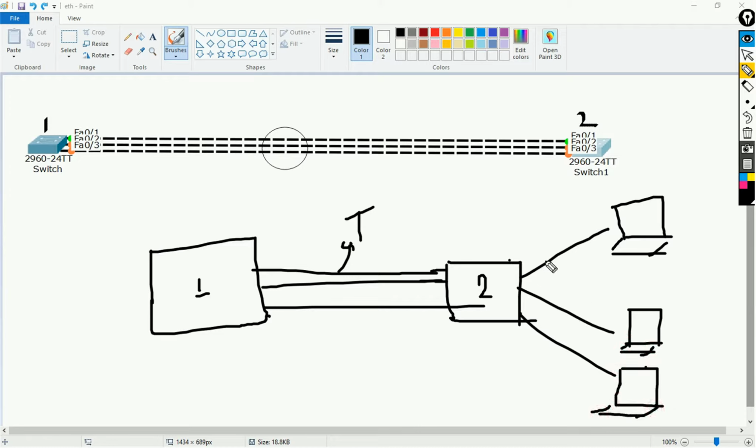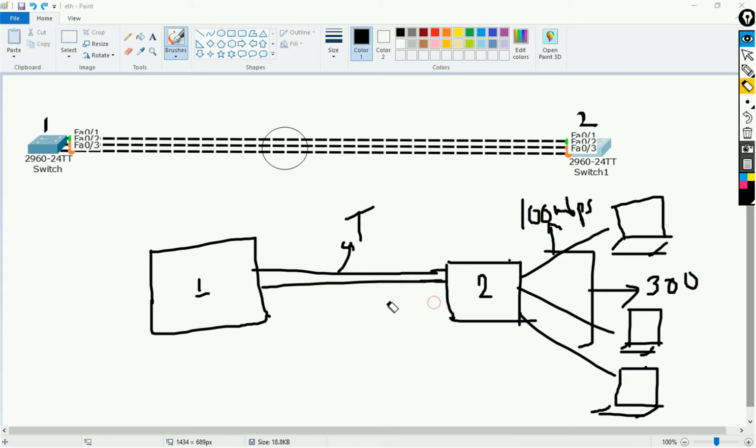Suppose these are fast Ethernet, 100 Mbps links. So all total, this is 300 Mbps, and there is one trunk link.